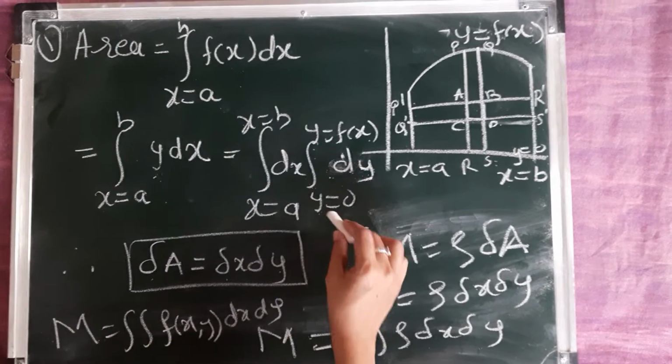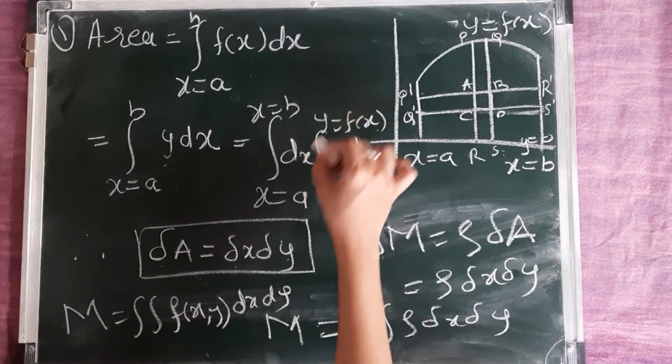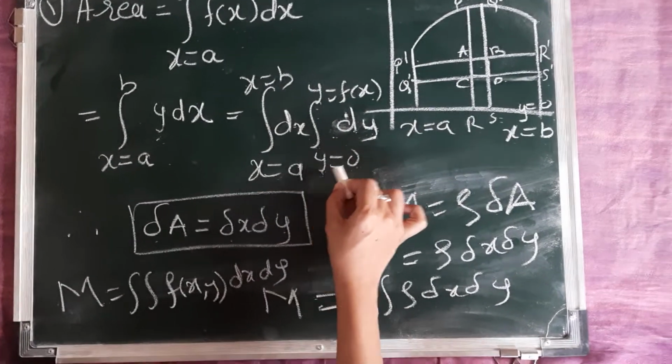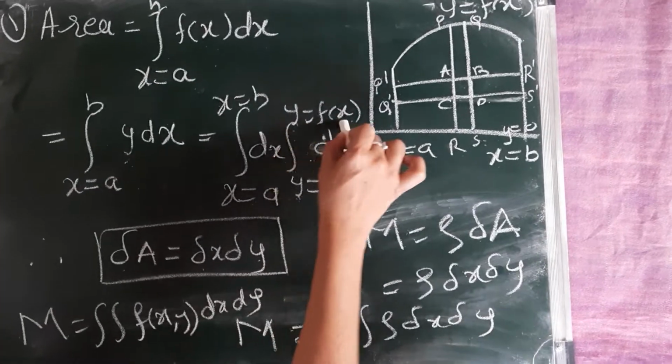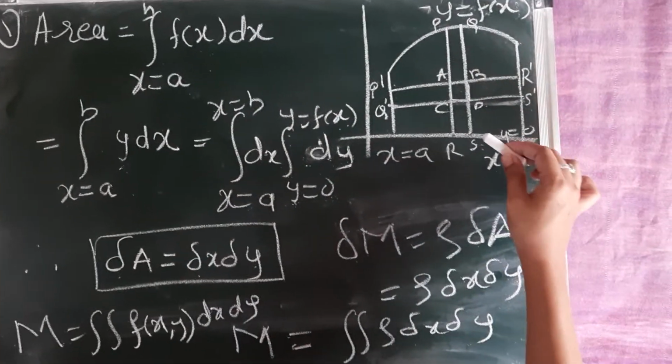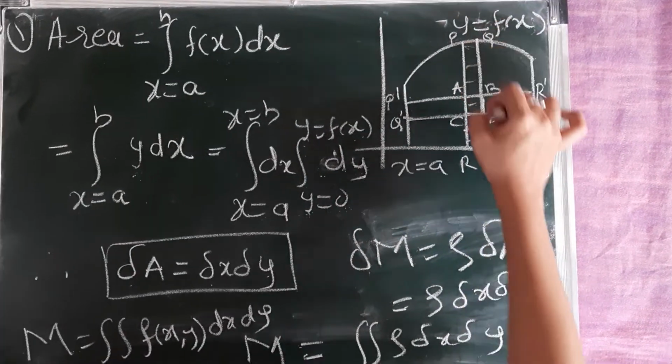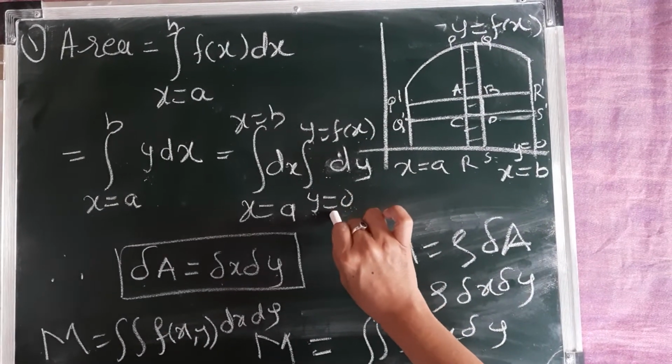Now while doing this, what is the meaning of limits of y and limits of x? Just see, if I take internal limits to be of y is equal to 0 to y is equal to f of x, how is it changing? It is changing vertically. That means I am considering the vertical strip first. Please make a note here.